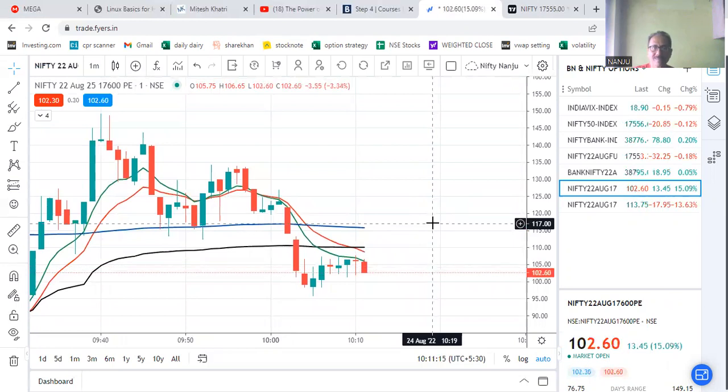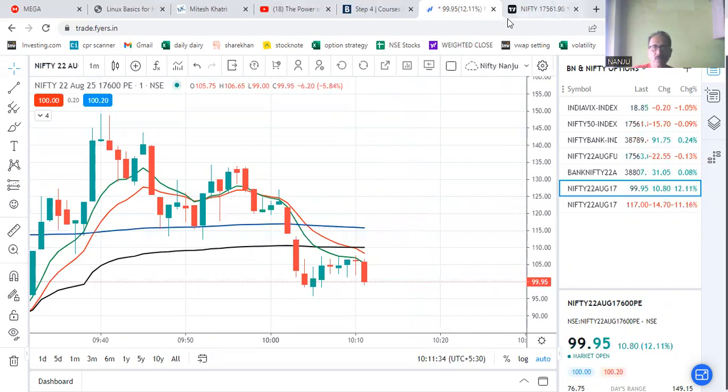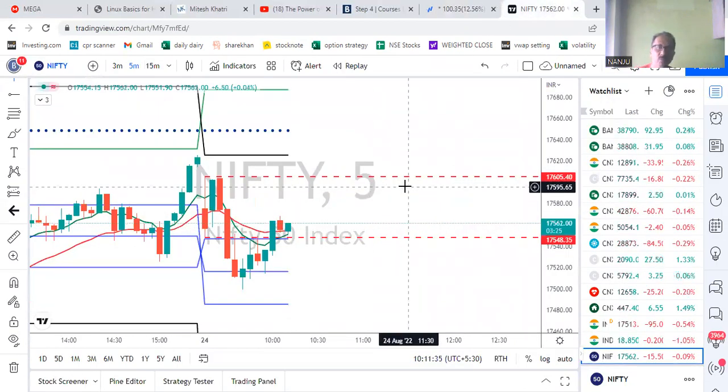I will buy the 17,600 put option above 111 for 12 points, which is 123, and the stop loss there will be 101. But I have to buy above 111. No, we did not get any opportunity to buy.